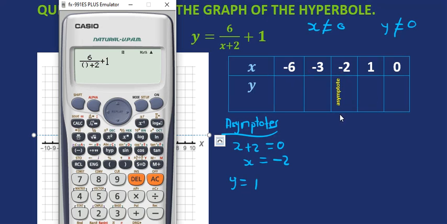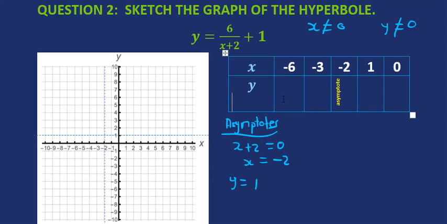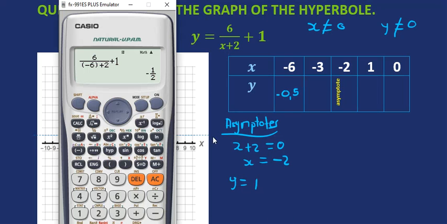We know that the asymptote is at -2, and we also want to try out 2 values to the right of the asymptote, starting with -6. If we try out -6, we get -1/2, which is basically -0,5. If we try out -3, we get -5.